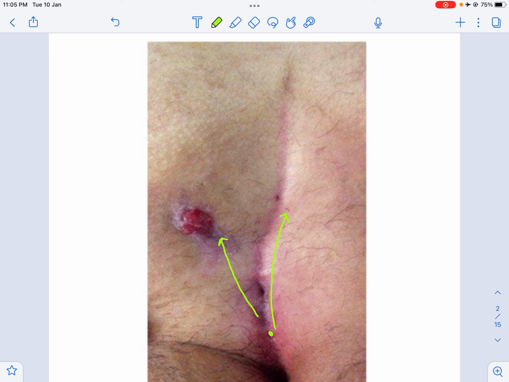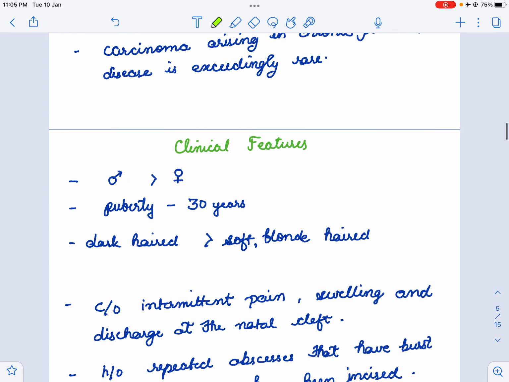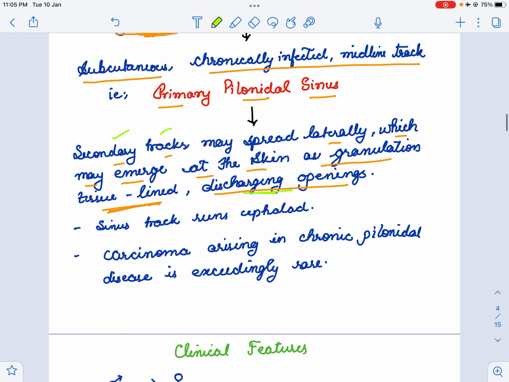So, it always runs in this direction. It never goes in a caudal direction. This is not seen, these are seen. Also, since this is a chronic condition, you might wonder whether there are carcinomatous changes. Carcinoma arising in chronic pilonidal sinus is very rare.